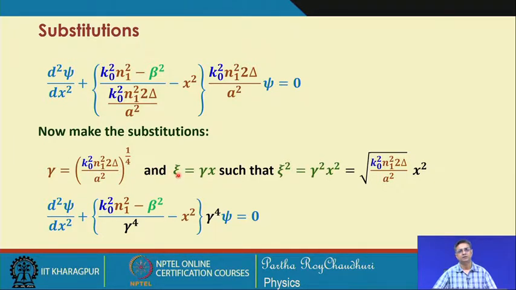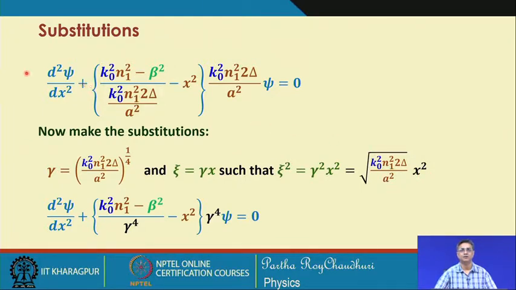Then put another variable xi, which will be equal to gamma into x, such that xi square will be equal to gamma square x square, because I have defined gamma in this way. Therefore, gamma square x square will be this quantity multiplied by x square.